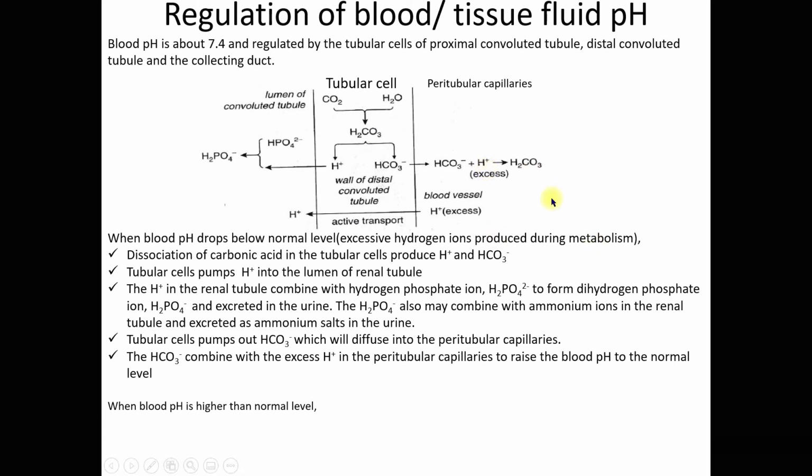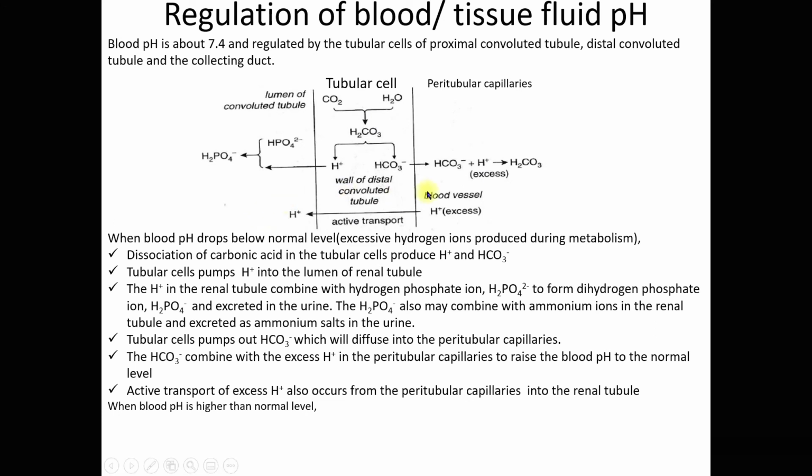Now, the other excess hydrogen ions in the blood will also be transported actively. The active transport of the excess hydrogen ions also occurs from the peritubular capillaries into the renal tubule.